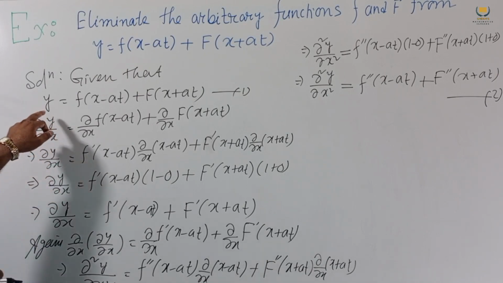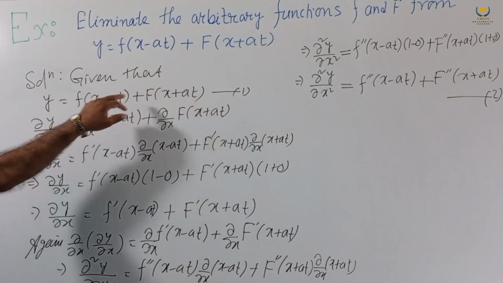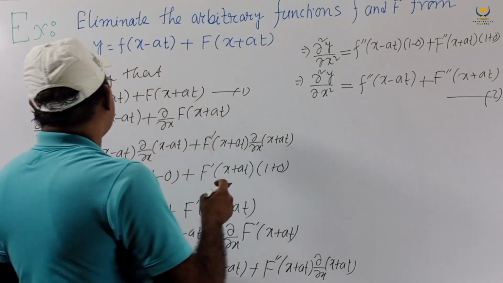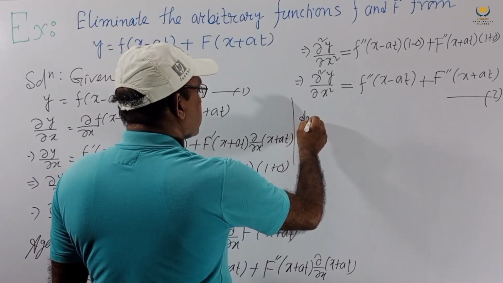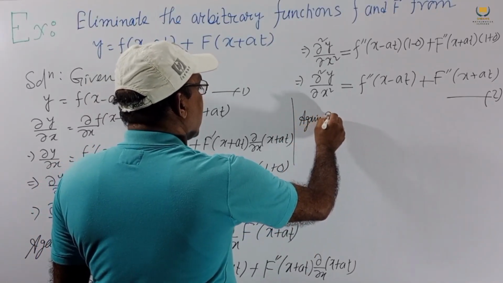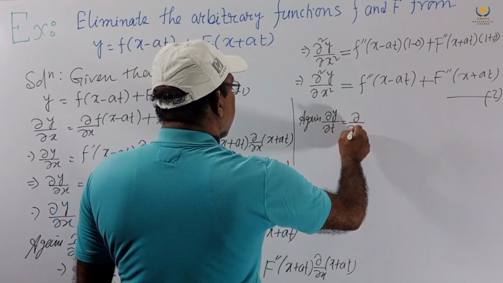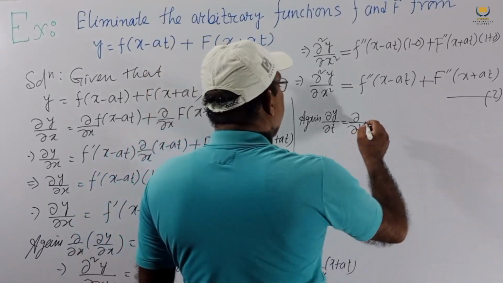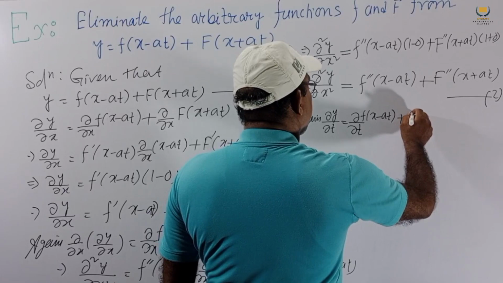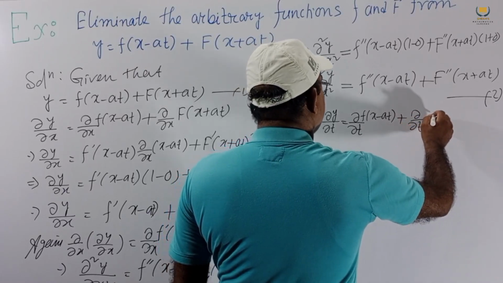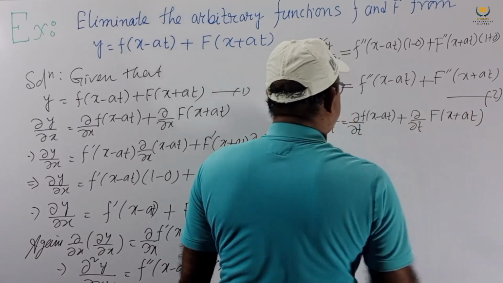So first we differentiate with respect to x. Next another variable is t. We differentiate with respect to t. Again ∂y/∂t = ∂/∂t f(x − at) + ∂/∂t F(x + at).